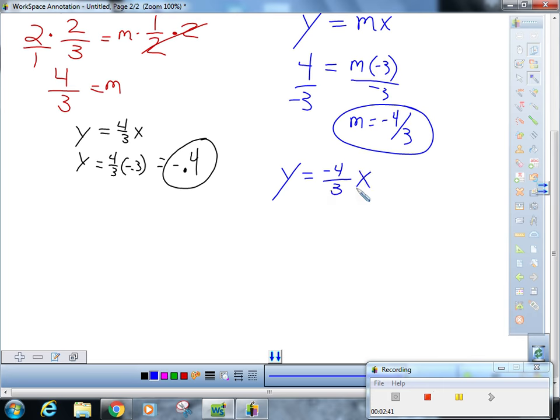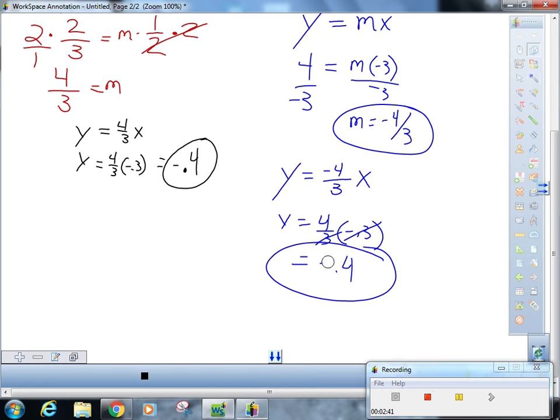And then when we pop in negative 0.3, y would be negative 4/3 times negative 0.3. And that I can do. It must be negative 0.4 again, which is, sorry, negative 4, yes. No. Hold on.